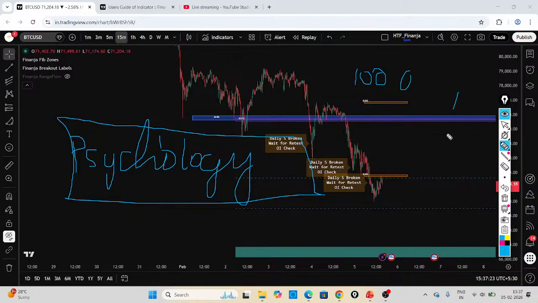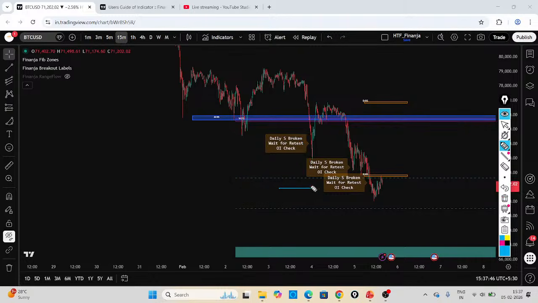For example, this is one of my setups, and there are a lot of tools and a lot of indicators. But if trading psychology is not perfect, then none of those come into consideration. You can't trade at all, you can't make a profit at all. That's the reason.